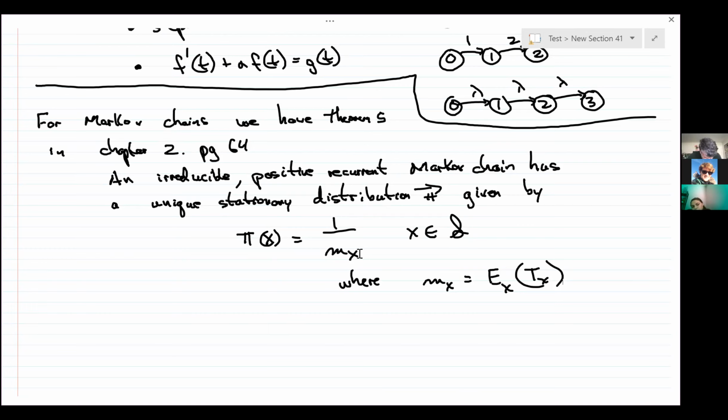So this is on the bottom of page 103. They don't prove it and they don't actually state it as a theorem here like they did before, but it's okay.